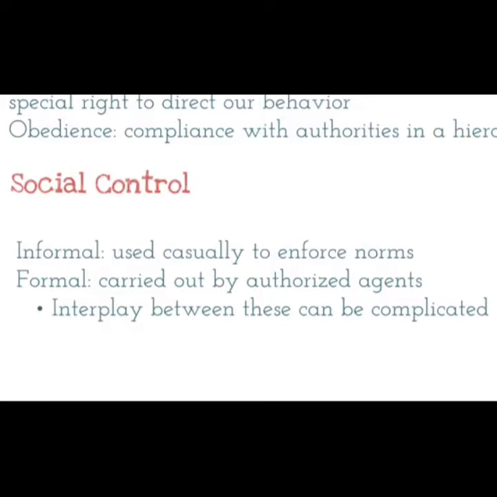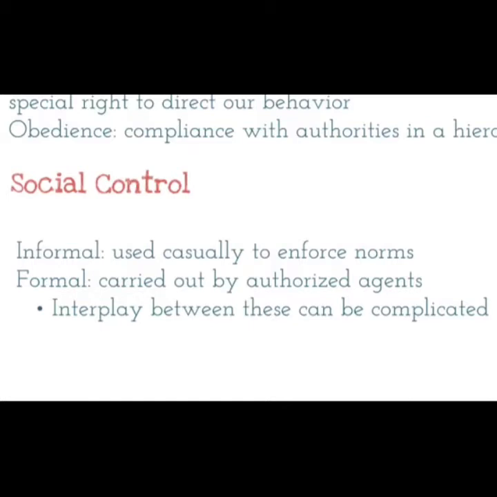Formal social controls are carried out by authorized agents. As I mentioned before, this is the cop that writes you the traffic ticket because you were speeding. This is the boss that calls you into the office and tells you that certain behaviors are inappropriate for the workplace. And it really is important for us to note that the interplay between informal and formal social control is very important to understand.